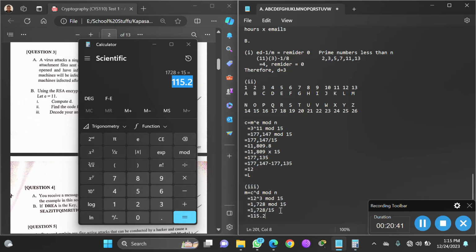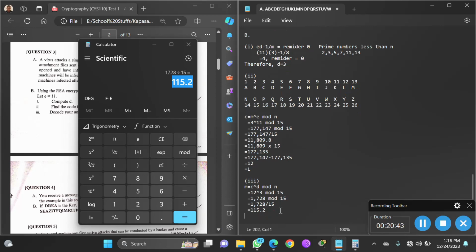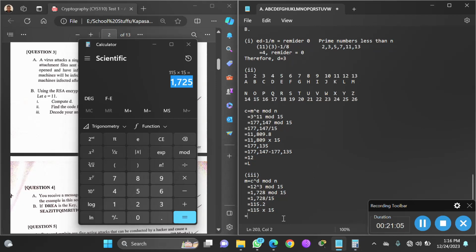Then after that, we need to write this as a whole number without a dot, then times the denominator. So we have 115 times 15 like that for us to know the remainder. Okay, so we have this now.